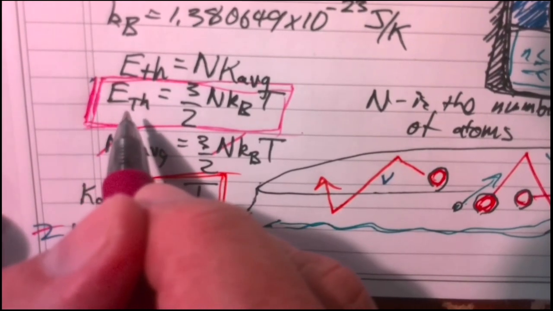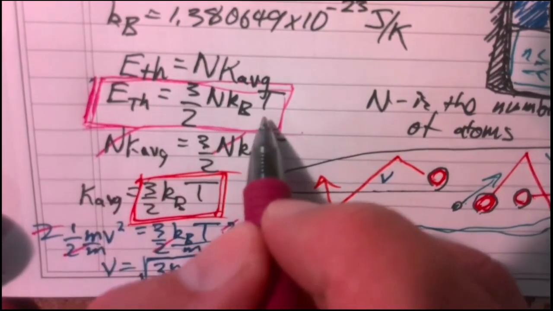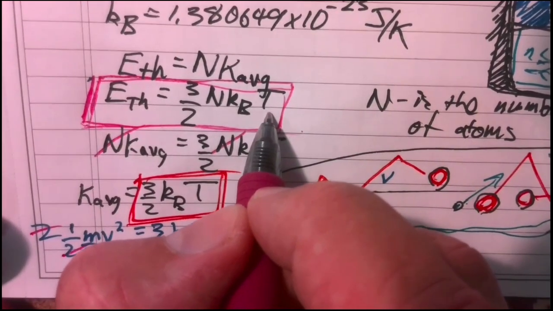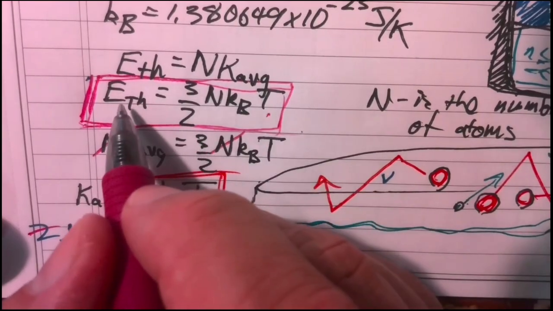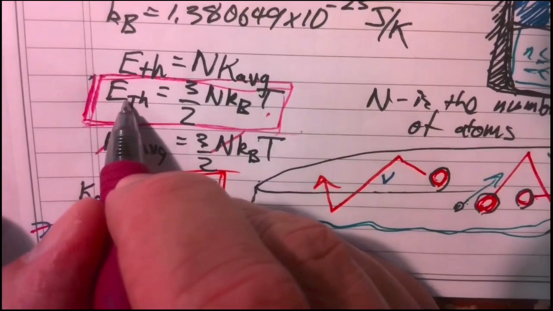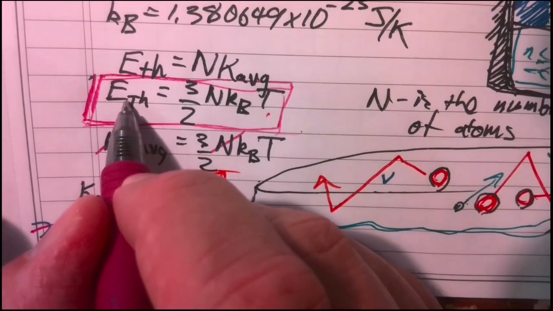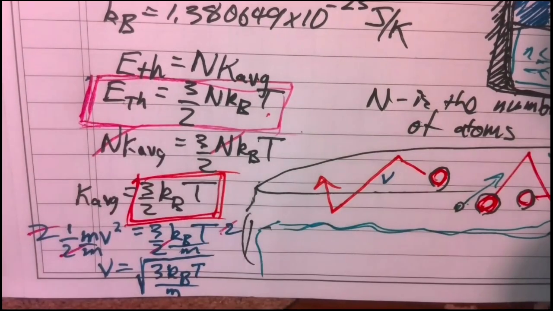So let me just say that again. The whole point of all this is if we know what the temperature change is of our gas in this fixed volume, we can now calculate the amount of energy that it is going to take.